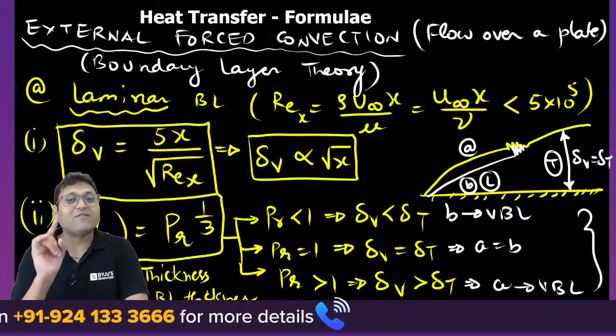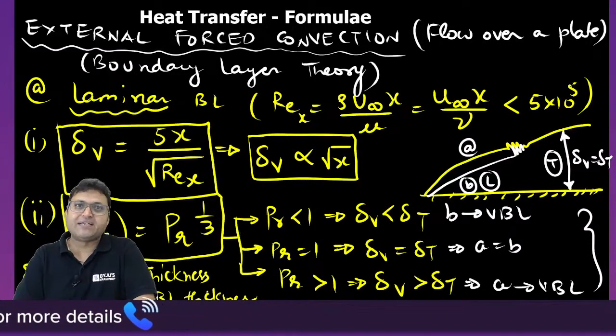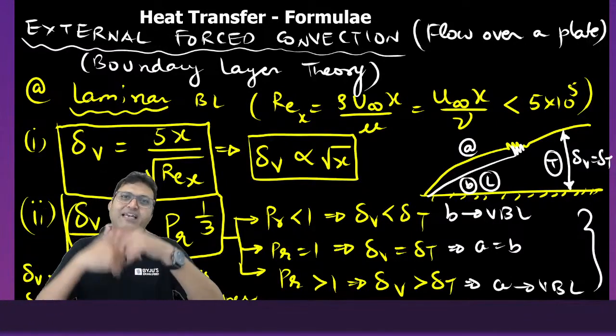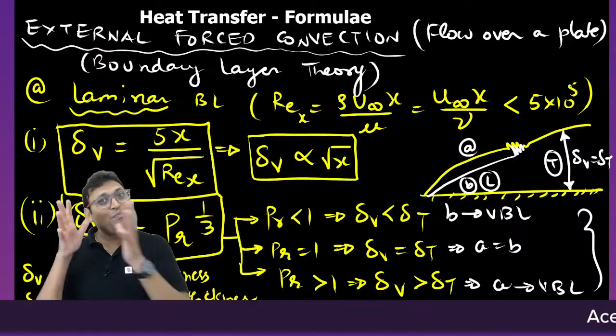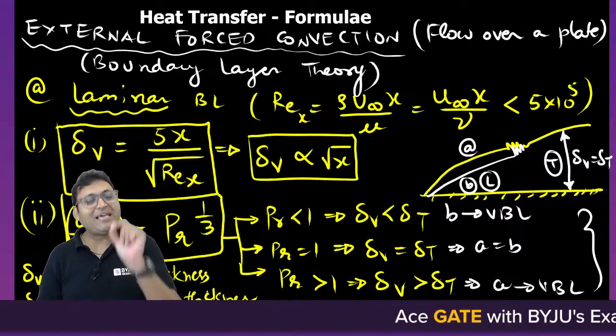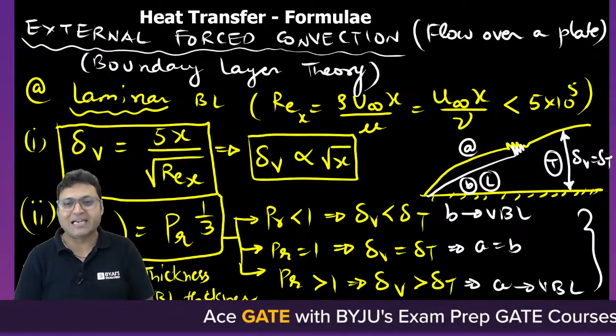But whenever the flow becomes turbulent, it is disorganized and mixing of the fluid dominates. Due to mixing of the fluid particles, there will be equal growth of velocity boundary layer and thermal boundary layer.